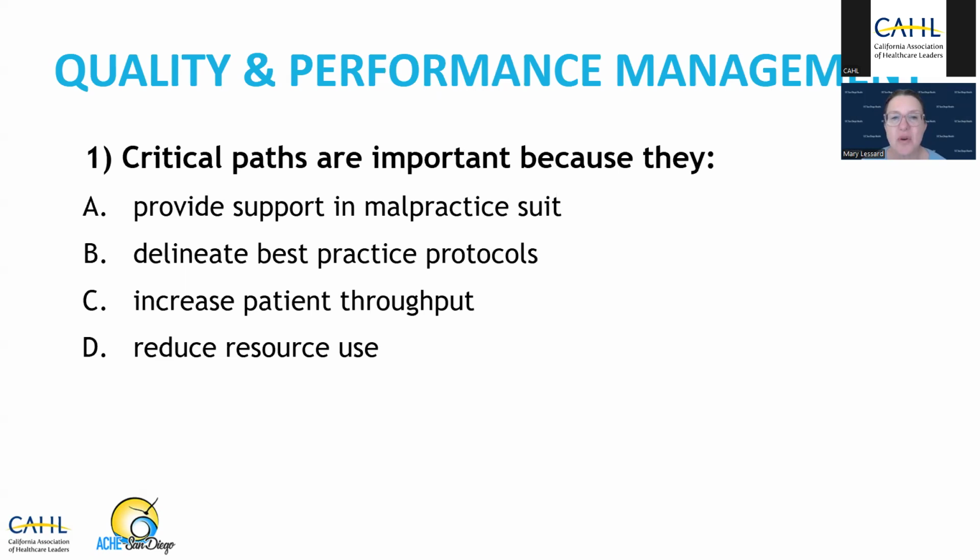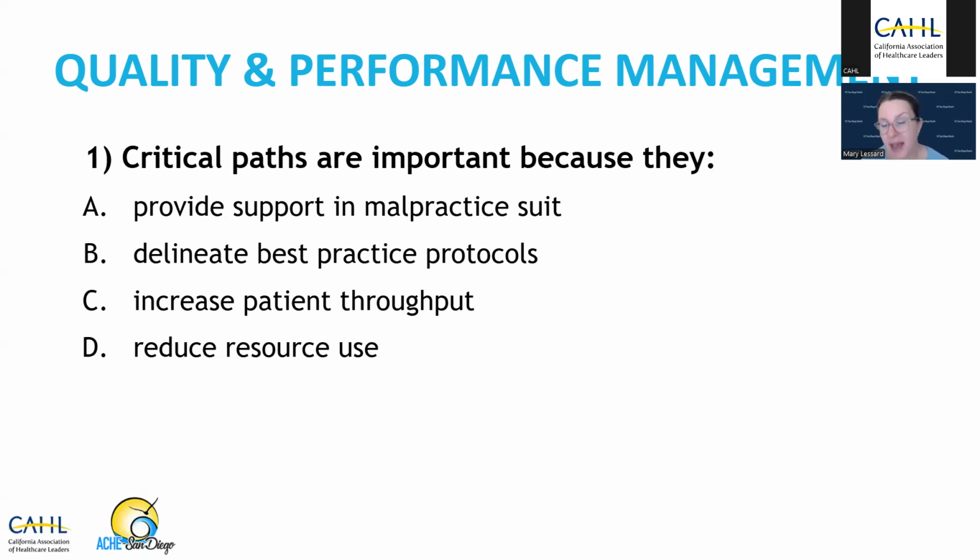So I think the first thing, when I am doing multiple choice, I always look to what answers I can first eliminate. So we eliminate here A, because I think provide support in malpractice suit does not really have it.